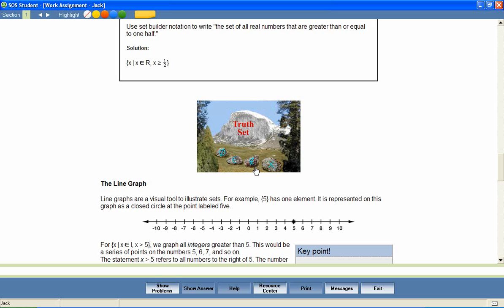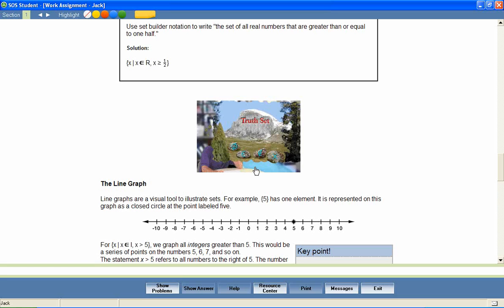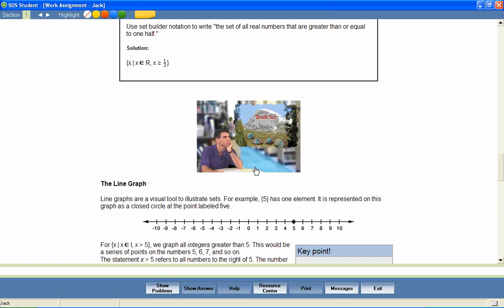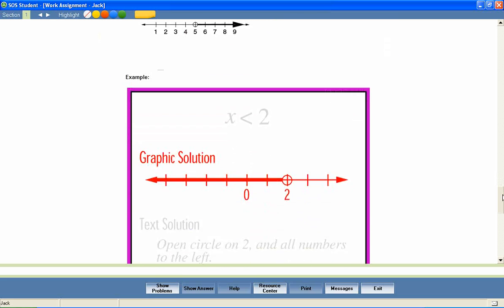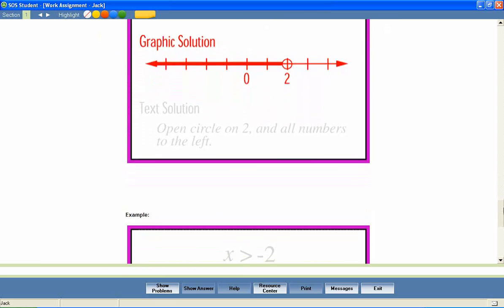In math, a truth set is simply a replacement set. Using sets is part of thinking mathematically. Plenty of examples and solutions provide thorough instruction in the application of difficult math concepts.